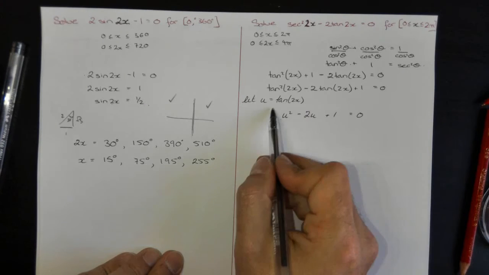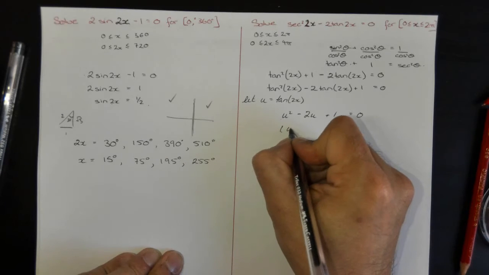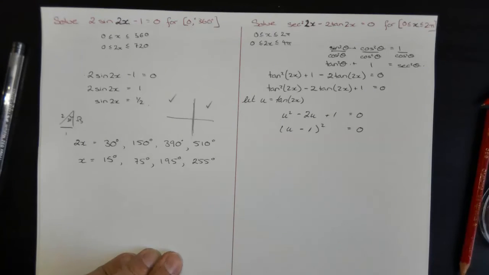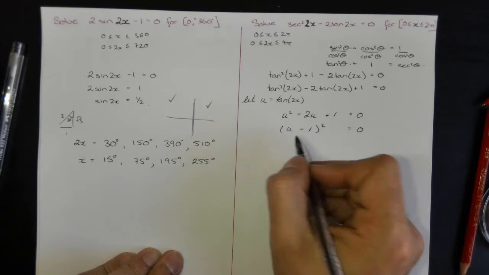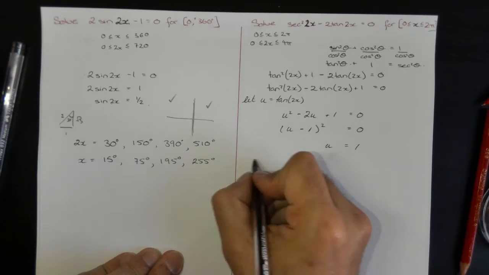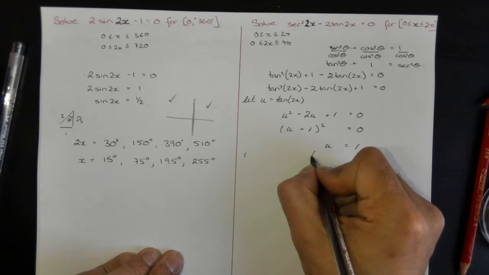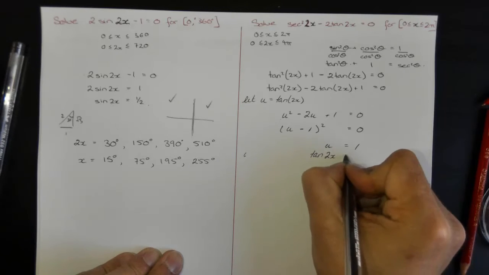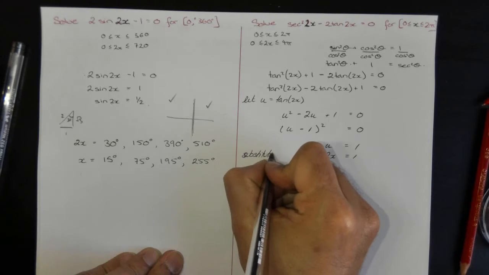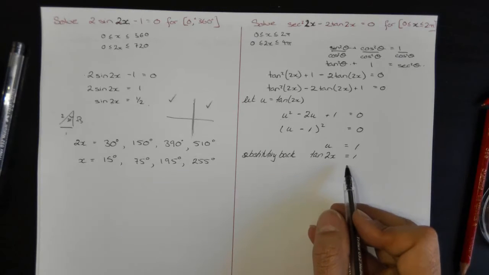Okay, this is a quadratic, and we can easily factorize this to be u minus 1 all squared, and that equals 0. And if we wanted to solve that, well then u has to equal 1. But resubstituting back, u is actually tan 2x. Okay, so tan 2x equals 1.